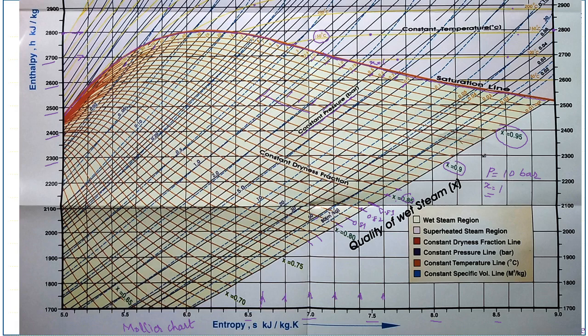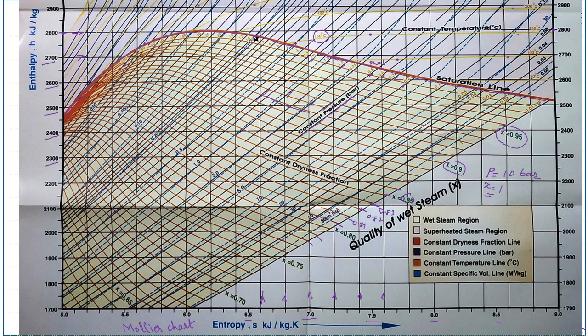So we find the pressure line of 10 bar here. So this is the constant pressure line, 10 bar. Dryness fraction is 1 means this is the dryness fraction line. If we have 0.9 dryness fraction here, 0.8 dryness fraction here, so a dryness fraction of 1 means this point.